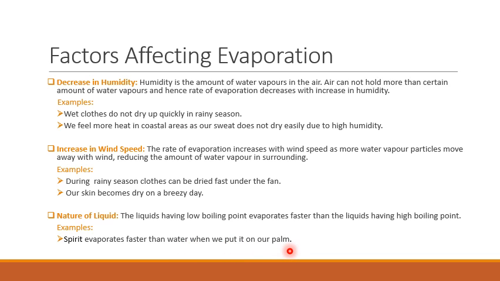Say if I put spirit and water on my palm, then the spirit would evaporate faster whereas the water will not evaporate. The reason being the boiling point of spirit is very less than that of the water and hence it evaporates faster.